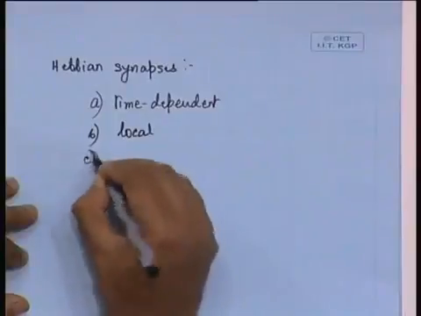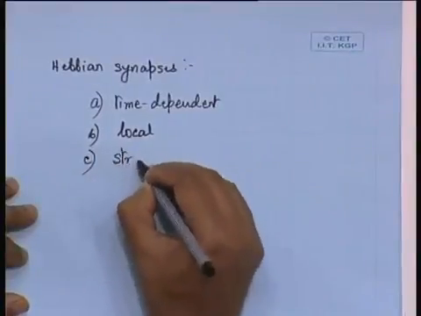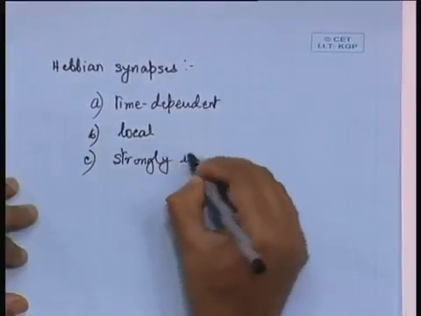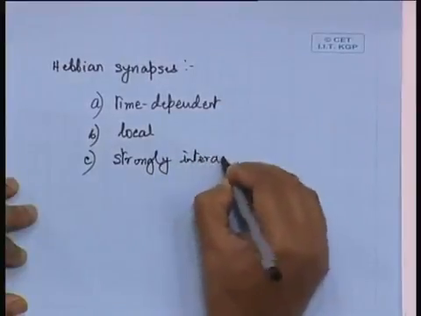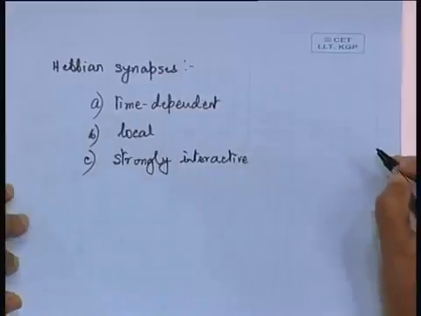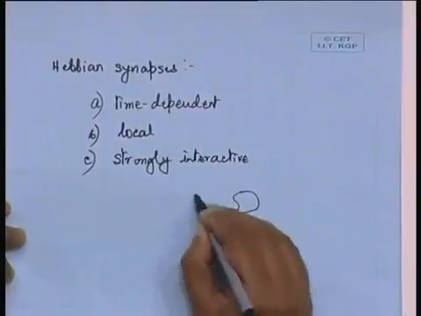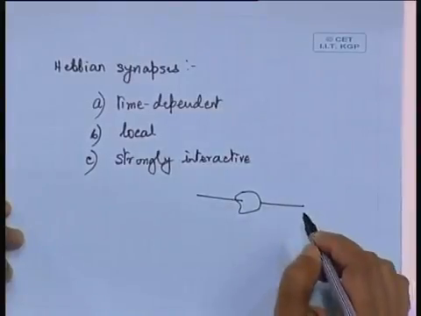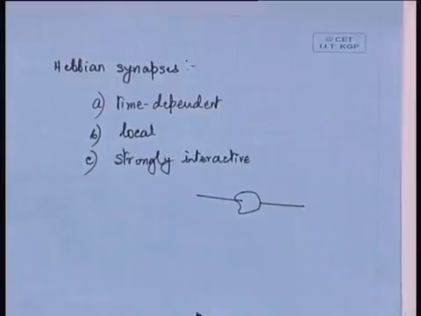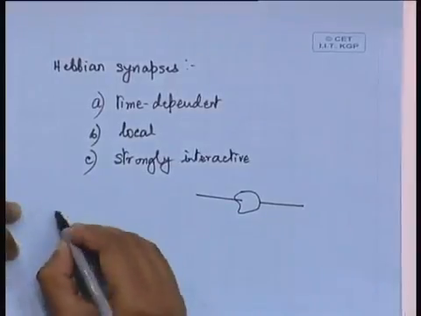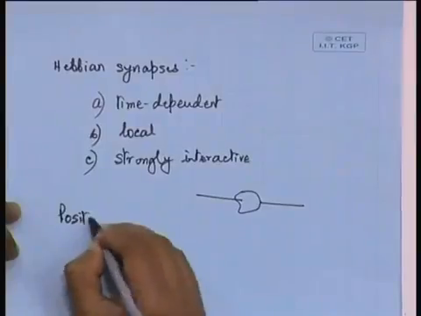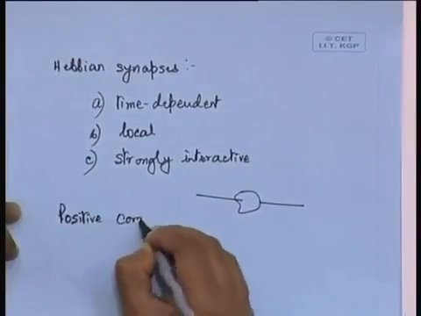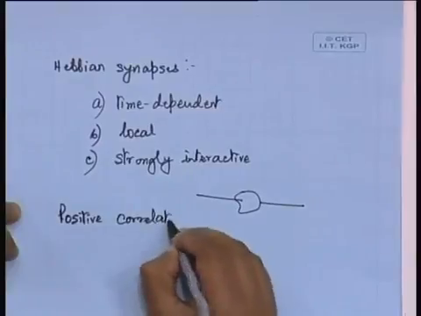And the third thing is that it is strongly interactive, and strong interactivity in this case means that there are true interactions between both ends of the synapse. If we consider the synapse, then the presynaptic and the postsynaptic neurons are surely interactive with each other.